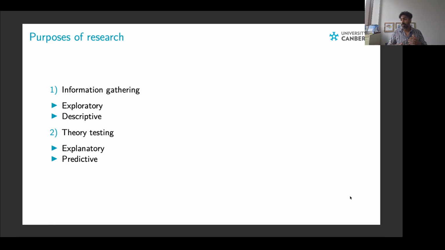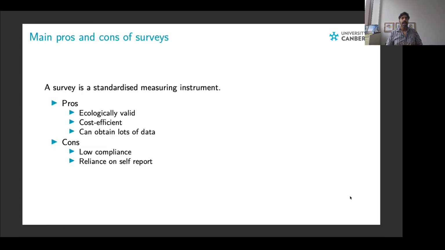Like if you were more likely to engage in physical activity regularly or engage in social interaction or have regular sleep habits that are conducive to healthier sleep for yourself, then is that more likely to delay the onset of dementia? And we can actually predict the age of dementia as a function of this with some level of precision. So that's information gathering and theory testing, which is just about the purposes of research, right?